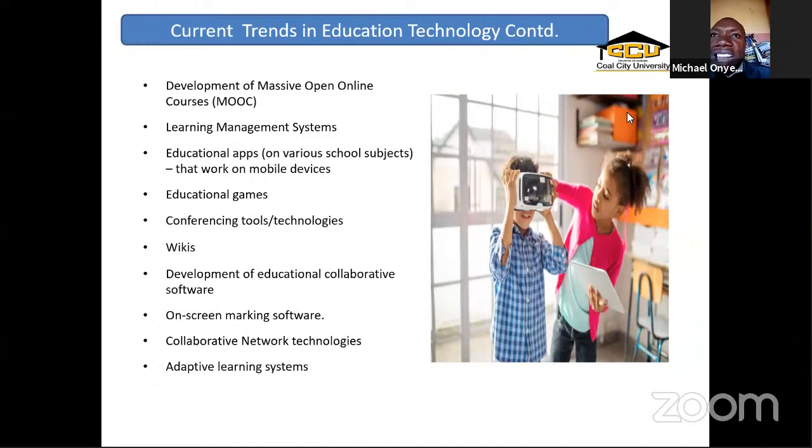Because during this sit-at-home learning, one of the areas of technology that is affected now is practical education. People are looking at how do you sit at home and do chemistry practical, and physics practical, and biology practical. How do you sit at home and do musical practical?